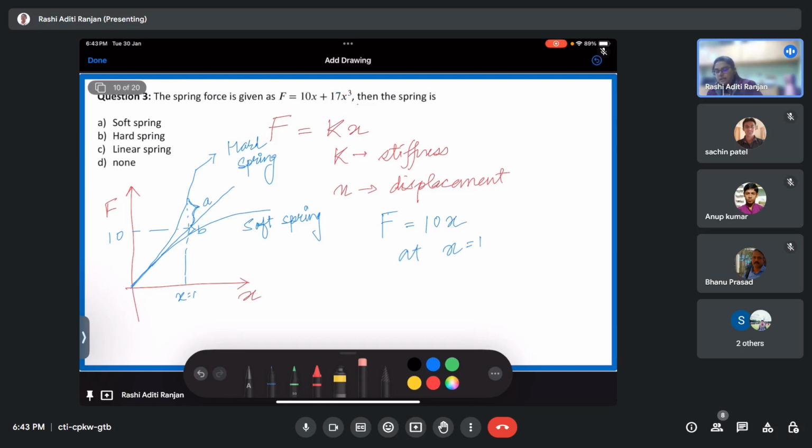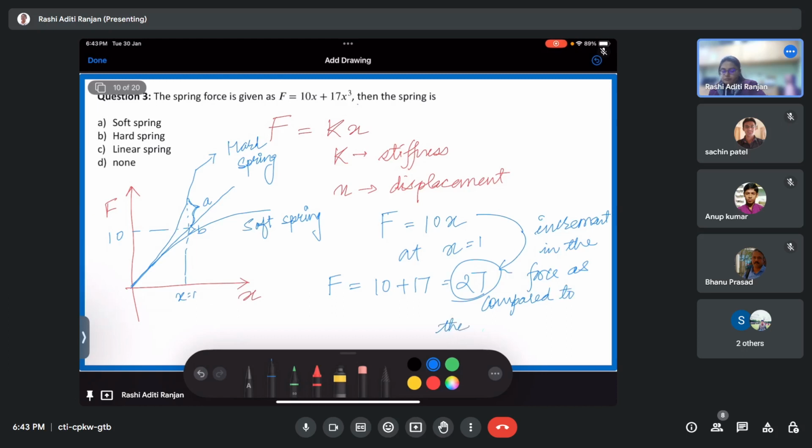How? Let us again take the value at x equals 1. For the given equation, we'll have f equals 10 plus 17, which would give us 27, correct? Which is an increment in the force as compared to the linear spring.